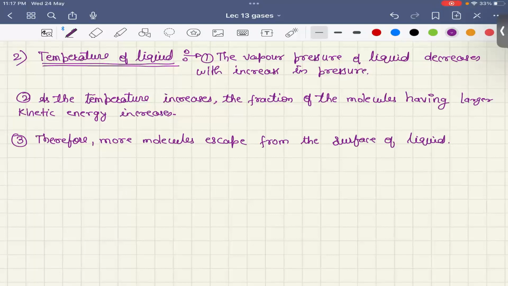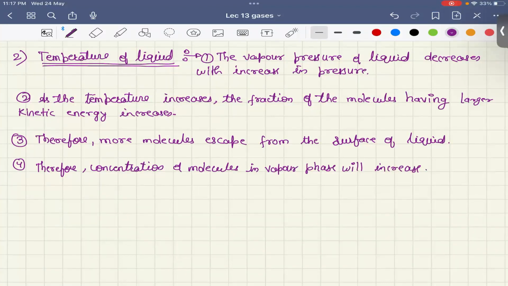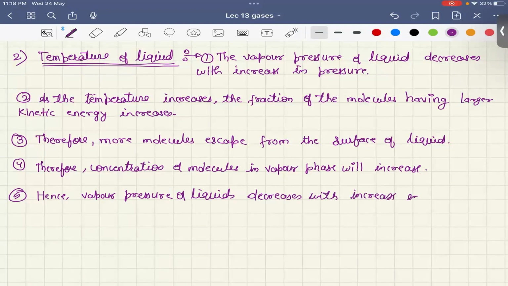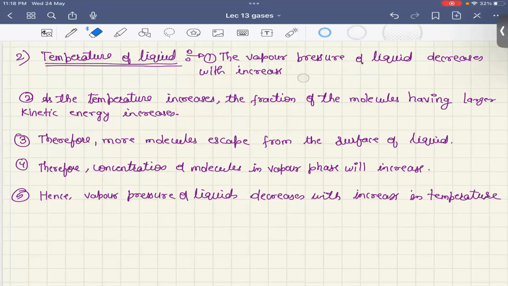Therefore, concentration of molecules in the vapor phase will increase. Hence, vapor pressure of liquids increases with increase in temperature.